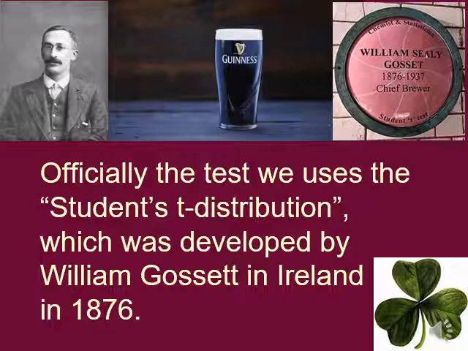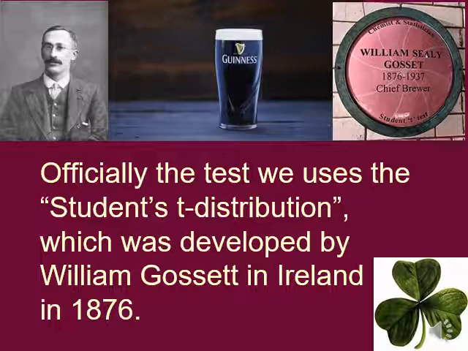This happened to be developed back in the 19th century in Ireland by the guy that was the chief brewer for Guinness, and he was trying to work out a way of doing quality control on beer. The guy's name was William Gossett, and he did all the math that goes into the t-distribution. The problem is that then he and Guinness had a big falling out, and he got fired.